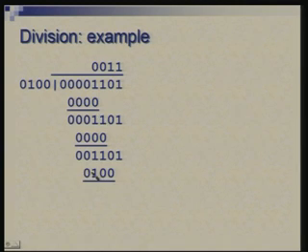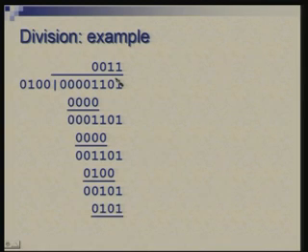Then we try subtracting in this position, and indeed now we can subtract. So, we get a 1 in the quotient, and after subtraction we get 00101. Then finally, we subtract in this position, which is right justified, and this results in a 1 in the LSB of the quotient, and finally, there is a remainder 1.